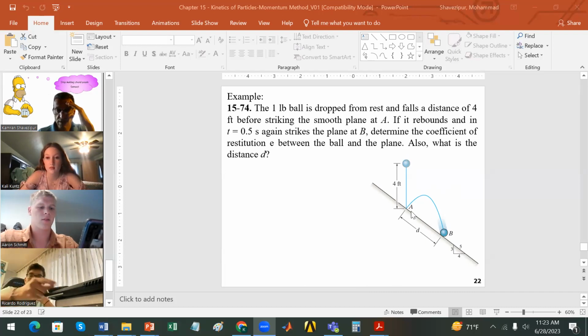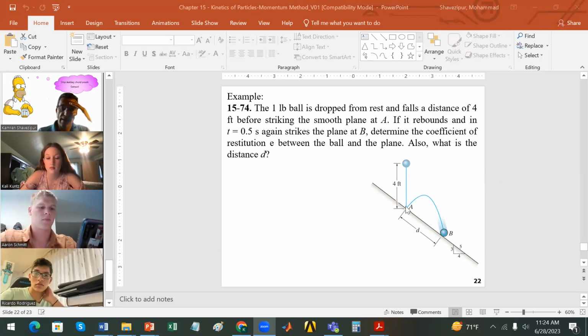As you may see, it is an oblique impact, because it comes in with one angle and may go out with another angle. And right after it leaves point A, it simply becomes a projectile motion. It's going to have a velocity and an angle, goes all the way and hits the ground again.